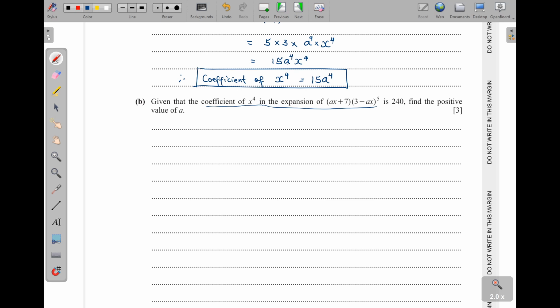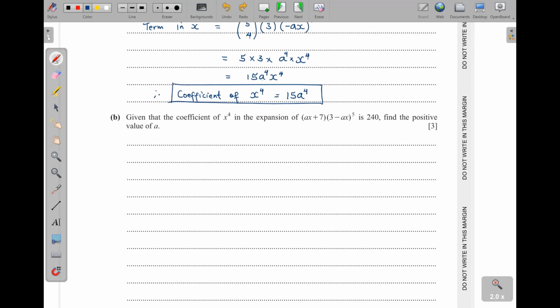Then part B, we are told that given that the coefficient of x to the power of 4 in this expansion is 240, find a positive value of a. Now, in here, for us to get the term in x to the power 4 for (ax plus 7) times (3 minus ax) to the power of 5, we shall have this ax.